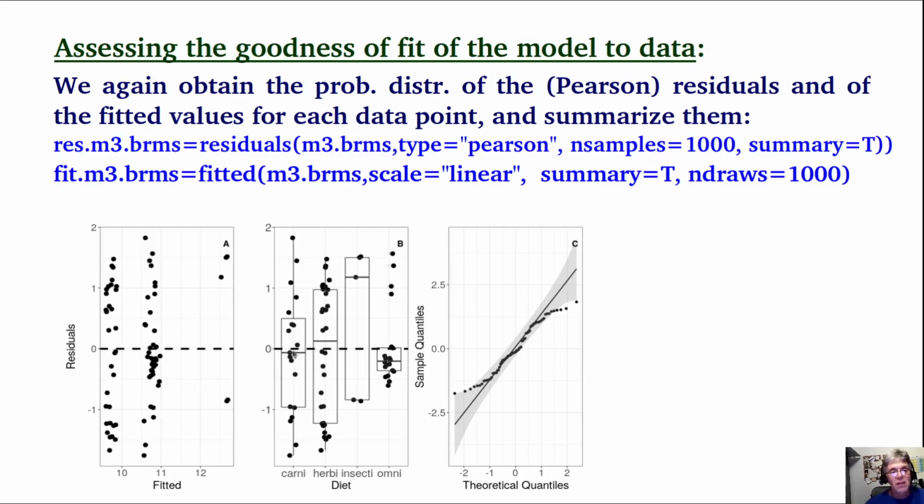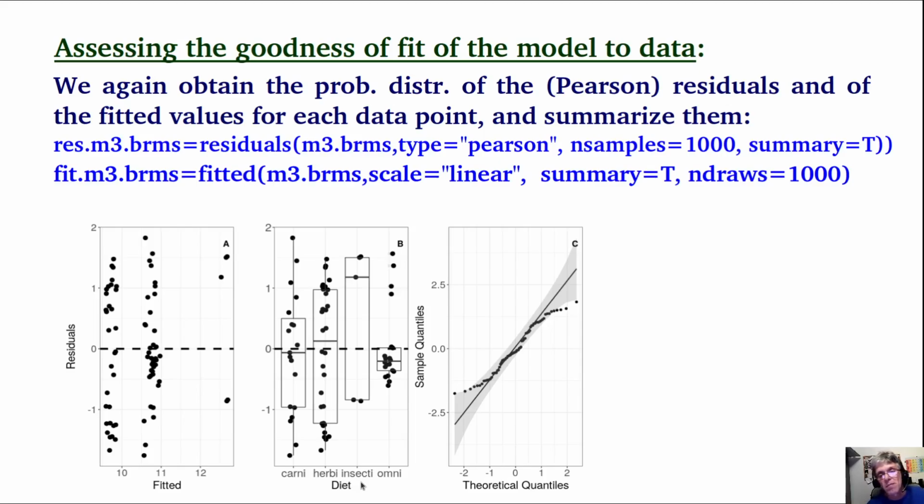More or less the same can be seen in the box plot showing the residuals against the categorical explanatory variable, in which we see that the medians of the residuals are very similar with the exception of those of the insectivores. But we are not going to pay any attention to that, given that we only have 5 points for this diet.